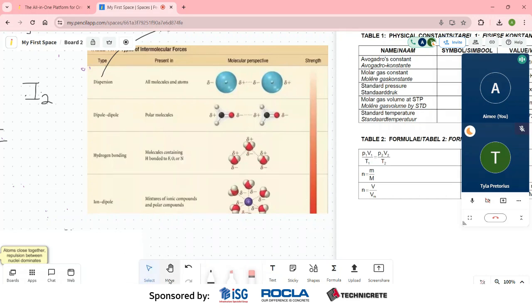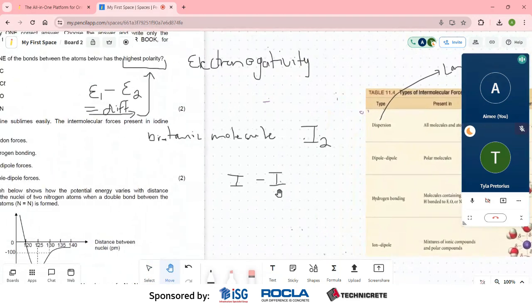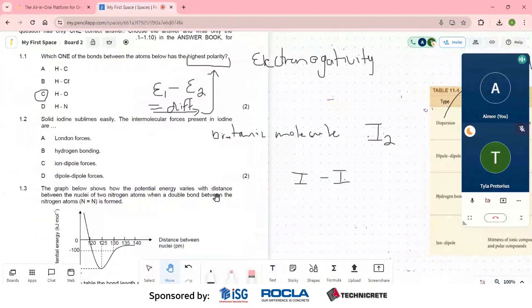So let's have a look. I2, the one thing we can say for sure is that I2 does not have hydrogen bonding because we don't have a hydrogen or an oxygen or a nitrogen or a fluorine.